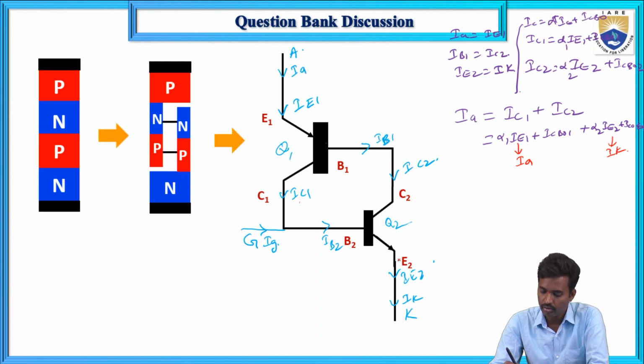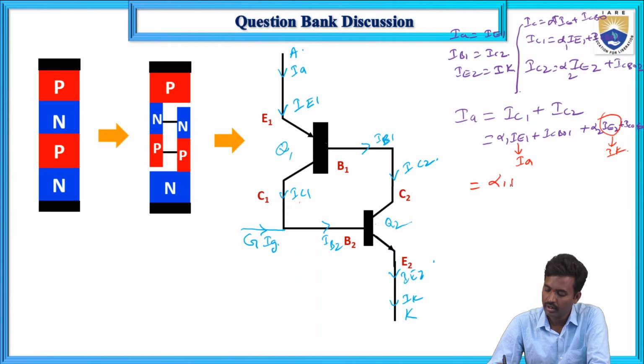Now what is IK equal to? IK equals IG plus IA, which equals IE2, equals alpha 2 into IA plus ICBO2. So IE2 equals IK equals IA plus IG.